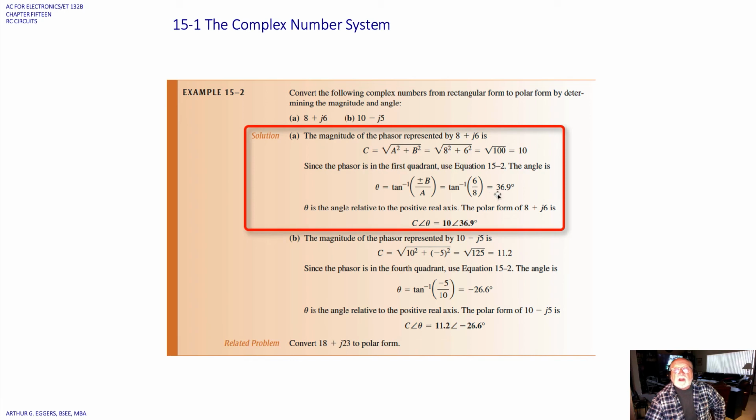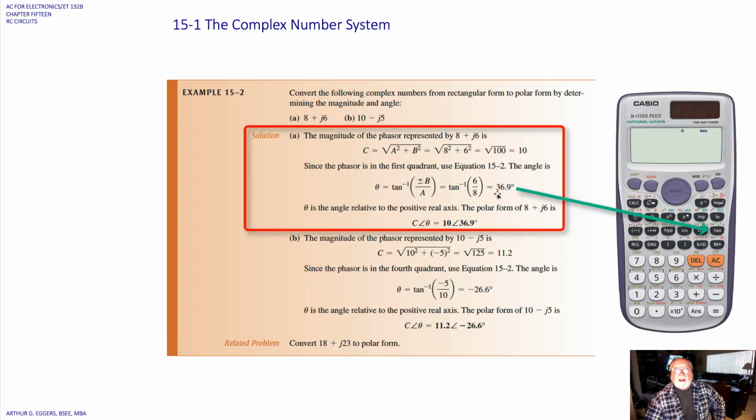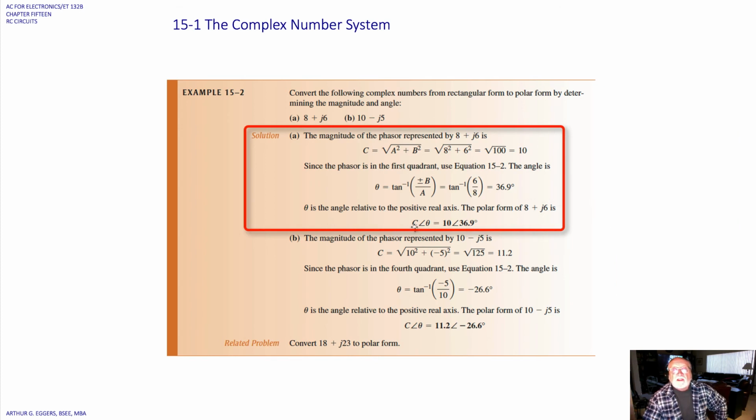And when we take the inverse tangent on our calculator, there's a key that allows you to do an inverse tangent. You look at tangent, there in a subscript it says inverse tangent. You'll probably have to use a shift key. In doing that, we get C at an angle theta equal to 36.9 degrees.